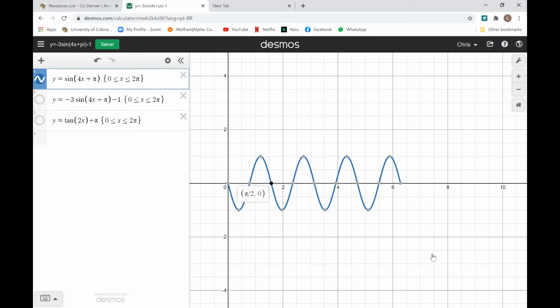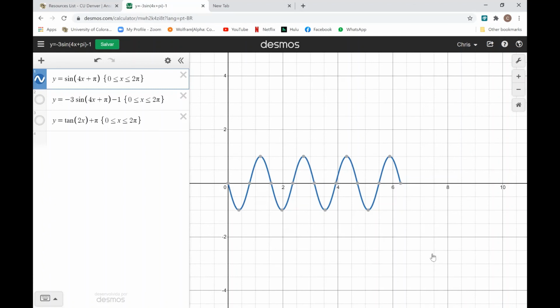Instead of having a nice starting at 0 going up, down, up, down, up, down ending, we end up shifted. So we have this half a period from 0 to pi over 4, and then every pi over 2 we have a full period, right? But this means that we have this extra pi over 4 here at the end and this pi over 4 here at the beginning, which adds to pi over 2.